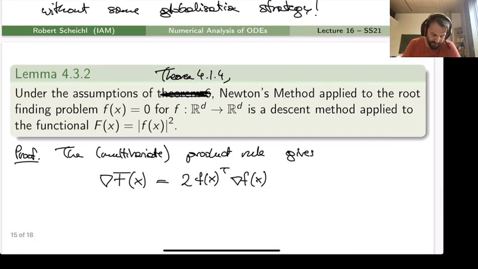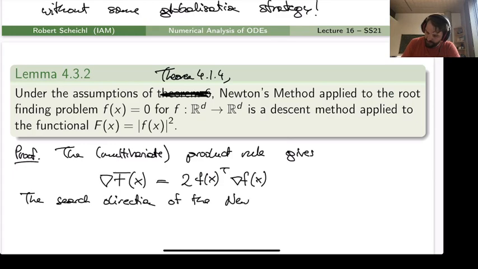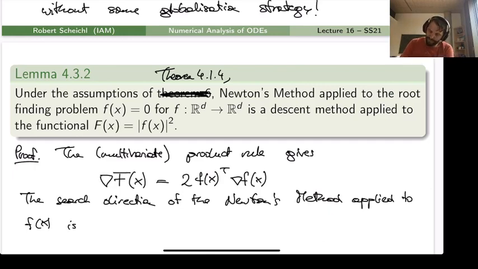Now the search direction of the Newton method applied to f is dk, which was essentially minus the Jacobian of f evaluated at xk, inverse, times f of xk.